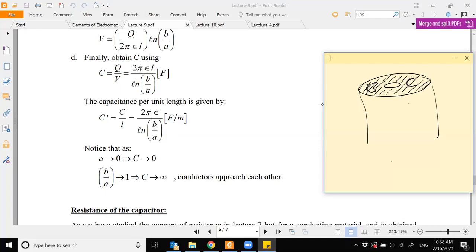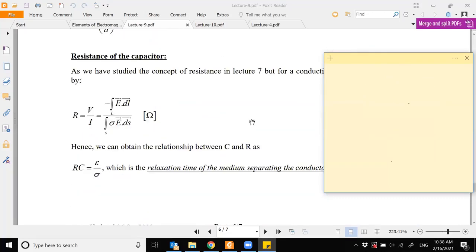Yes. You can have two approaches here. Either you use this general expression: if the charge is known to you, from the charge you can get the electric field, and from the electric field you can get the potential difference. Once you know the potential difference, you can find the resistance as V over I. V you have already calculated.